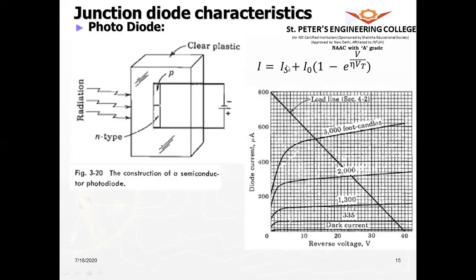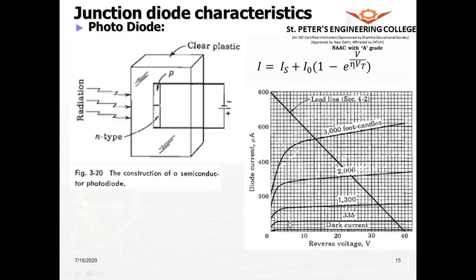Okay, so Is is the dark current that will flow when you have not applied any voltage. This is the dark current, and as we vary the intensity of light, we can see that the current slowly increases and approximately becomes constant. So as we increase the intensity of the light, the current also increases.